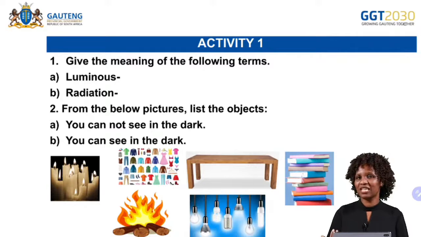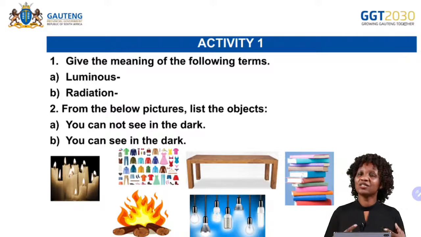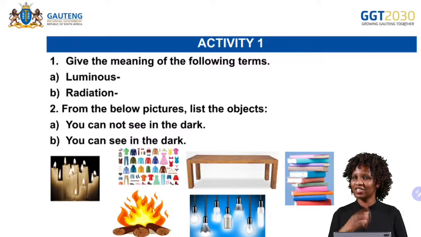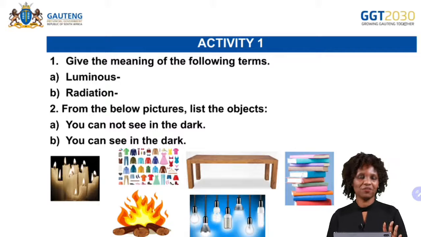And then we've got radiation. Radiation, these are the electromagnetic waves. All right? Remember, we get the radiation energy from the sun. Okay. And then let's go to question number 2. From the below pictures, list the objects you cannot see in the dark. We've got different pictures there.